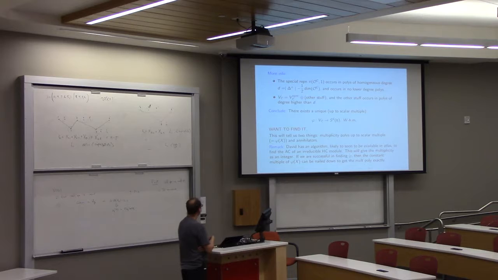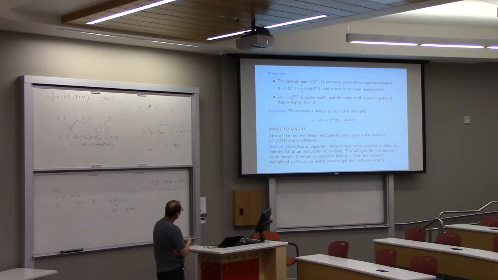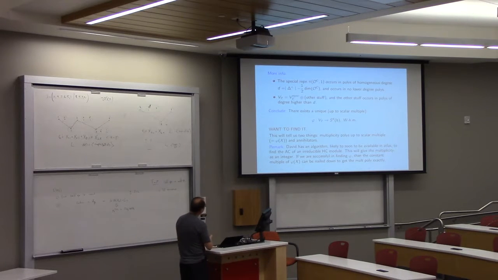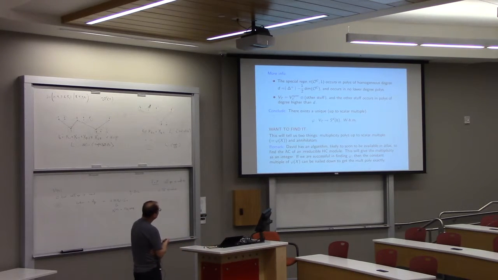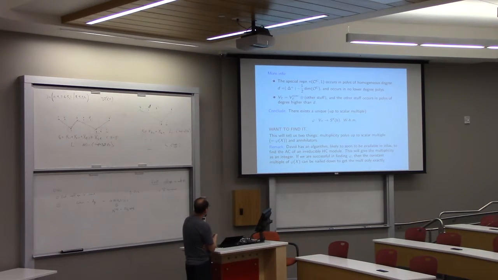Okay, so what you can conclude from this is that there's a W homomorphism from the cell representation to degree D polynomials, or the symmetric algebra on H. And if you know that, you know a whole lot, because this is essentially the map sending the cell to the multiplicity polynomials, well, up to some scalar.